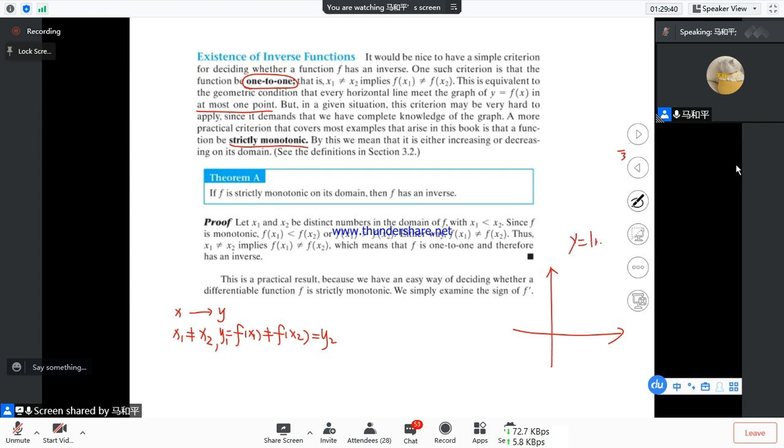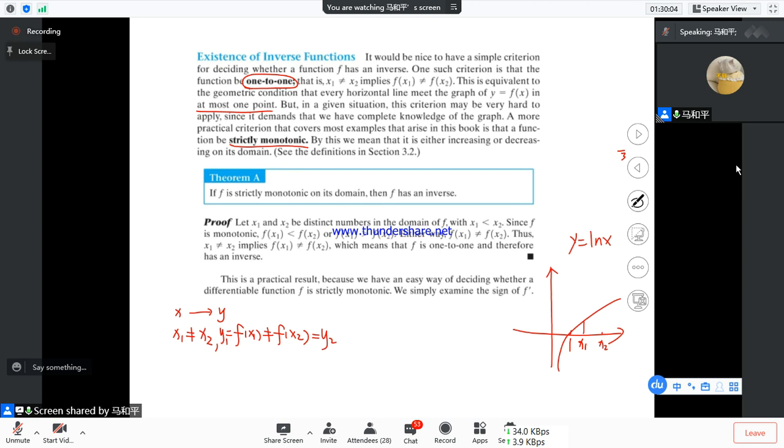For example, y = log x. We just give the graph of y = log x; when x is 1, y is 0. This function is strictly increasing. Say this is x1 and this is x2.